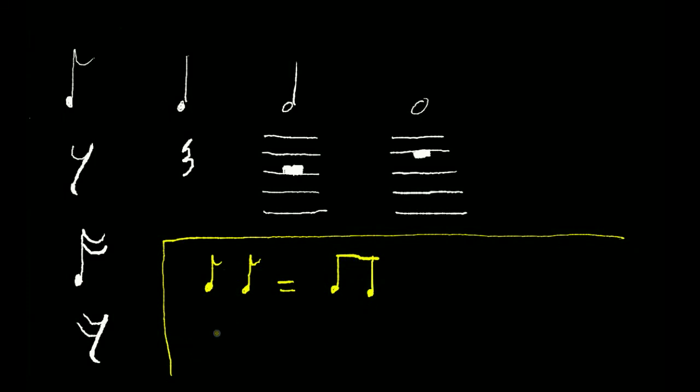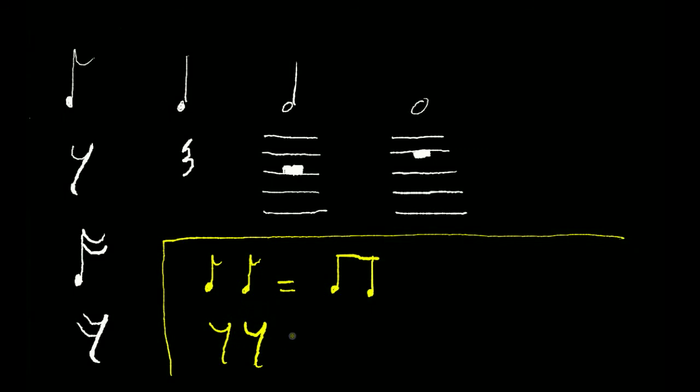So you might be wondering, do we ever beam together an eighth rest, or do we have to beam eighth rests together? Like if we had 2 eighth rests in a row, would we be beaming them together at all?